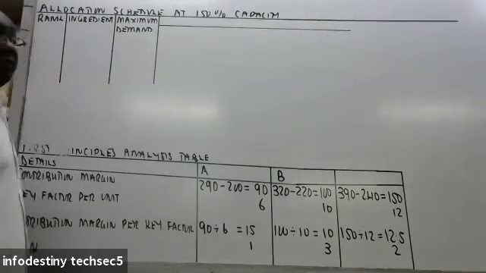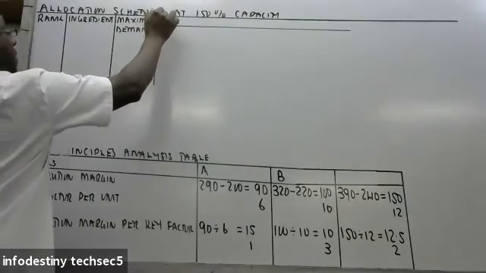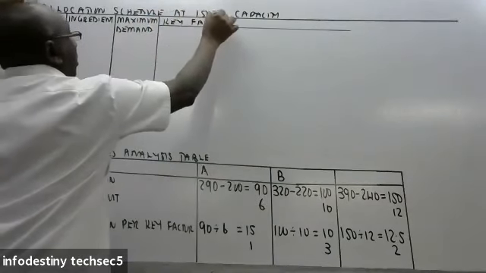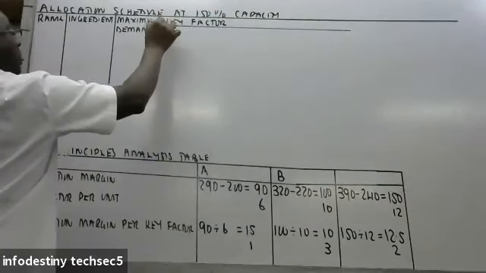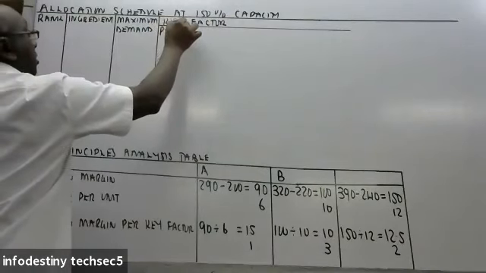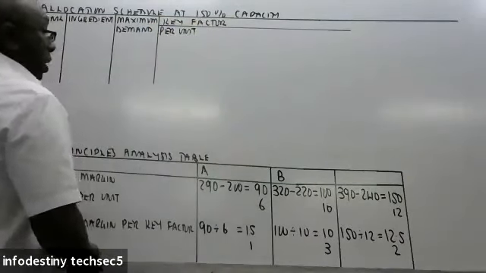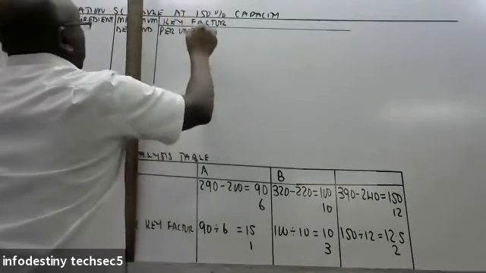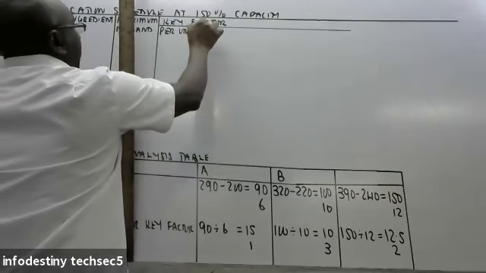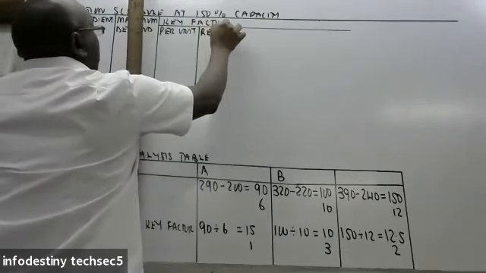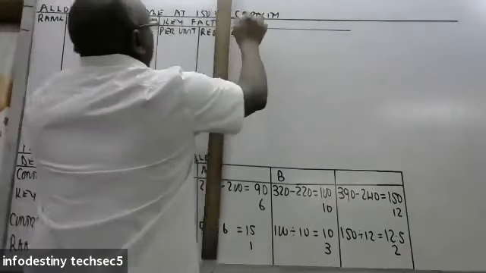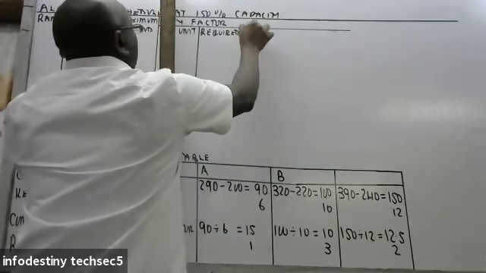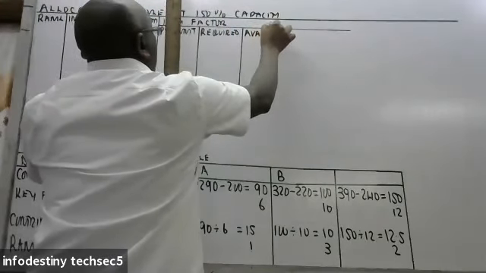Then I will have what we call key factor. Now, key factor, we begin with per unit. Then we have required, and then we have available.